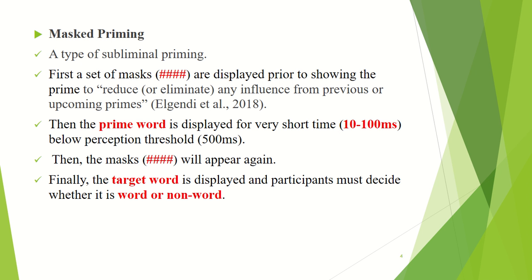Okay, so as you can see, again, it is very easy to build this kind of priming in PsychoPy. The only difference between mask priming and subliminal priming in PsychoPy is that in mask priming you need a new routine, which is displaying these hashtag signs on the screen for very short time, and then display the prime word for again 10 or 100 milliseconds.